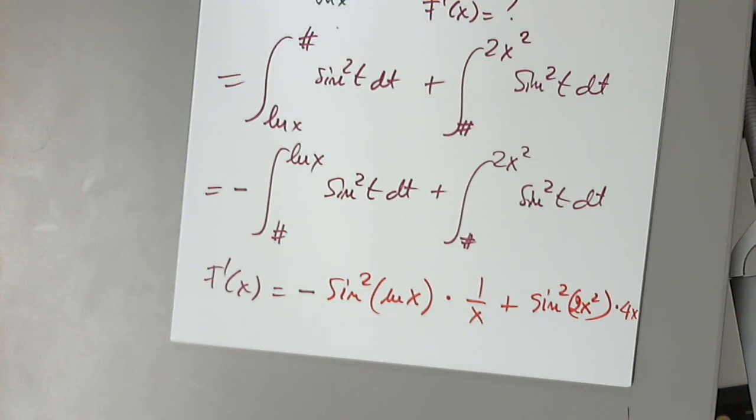This procedure only shows that differentiation and integration are inverse operations, nothing else. We are given a function in the form of an integral and we are differentiating it, but when we differentiate an integral, the integral goes away and we get back to the plain function.